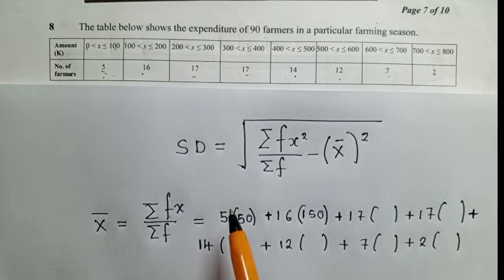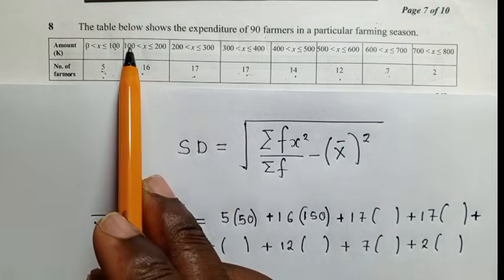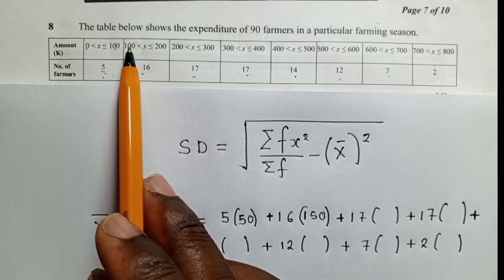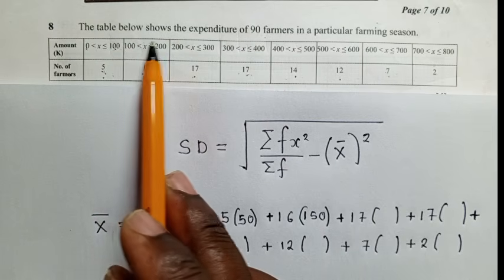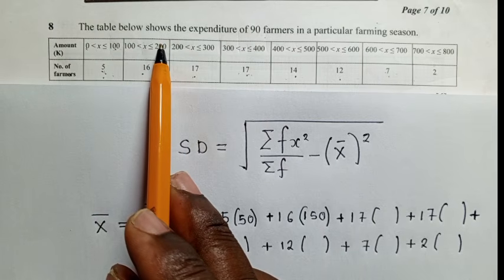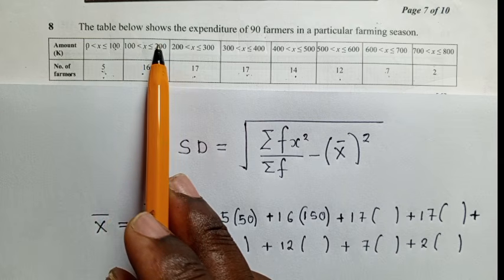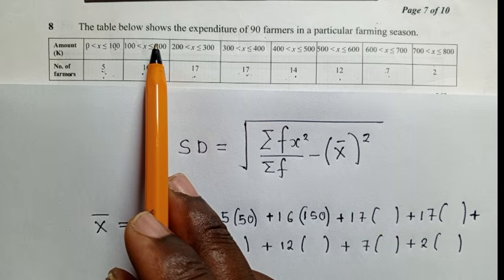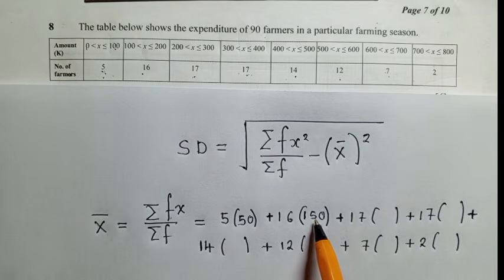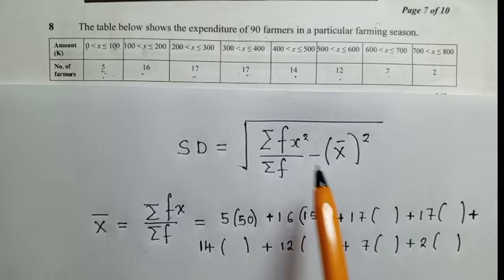In other words, you add these two numbers, and when you add them, you divide by 2. When we add 100 plus 200, we of course get 300. Now 300 divided by 2 gives 150, which is what I've written here.